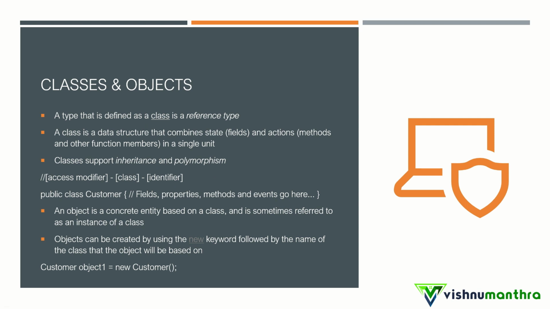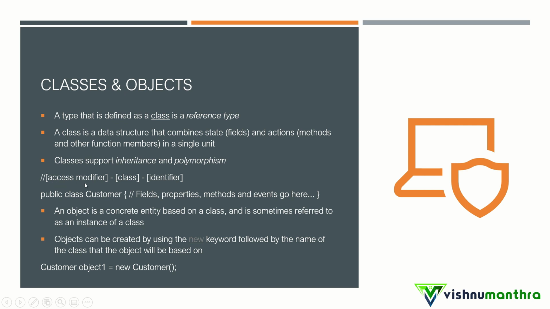Whenever we want to have an instance of a class, we should have an object in place. So how do we declare an object? In order to declare an object you have to use the class name followed by the object name, then the new keyword and then the class name. This way we can create an object, and any functions written inside a class can be used through the instance of the object.